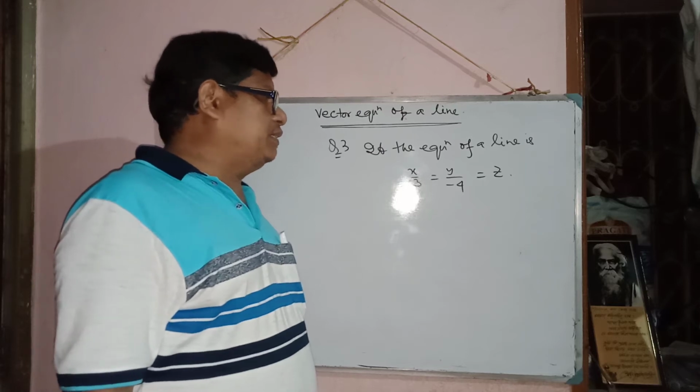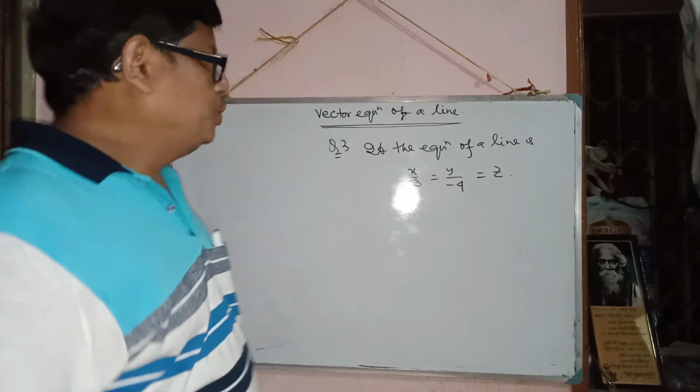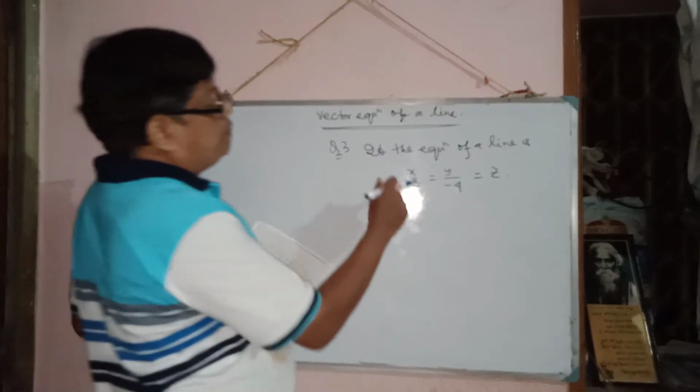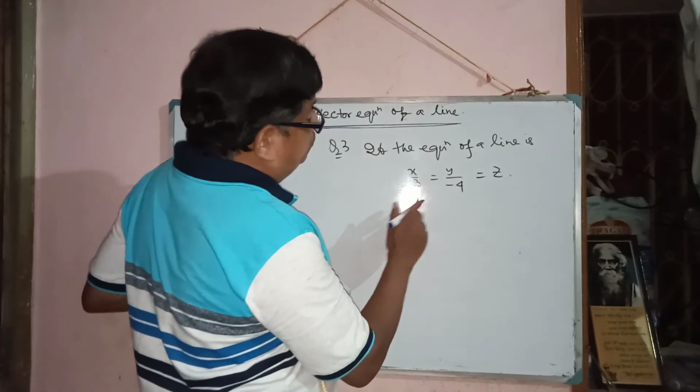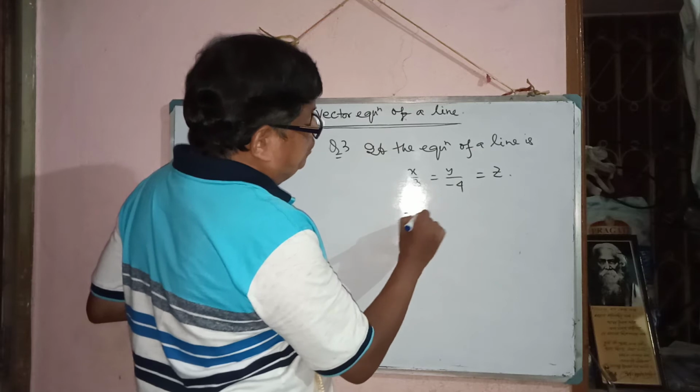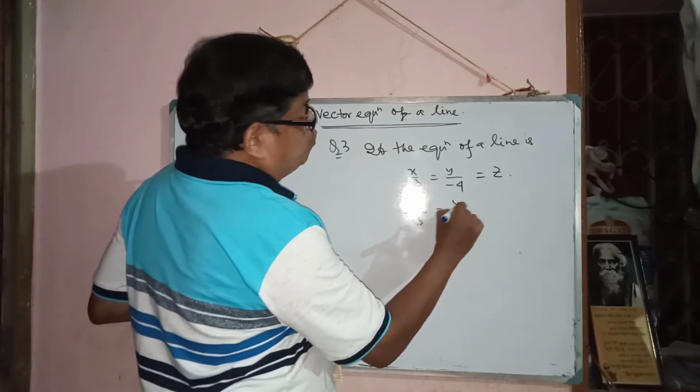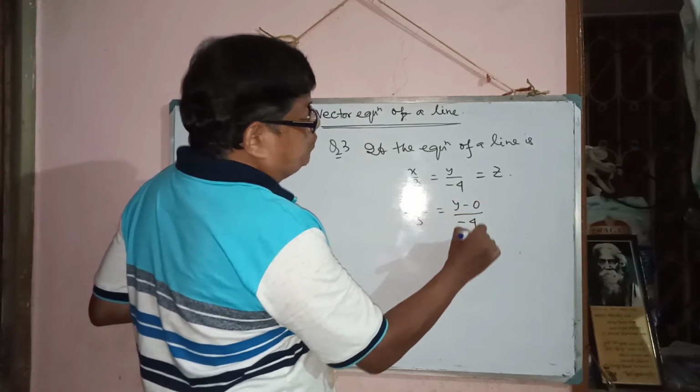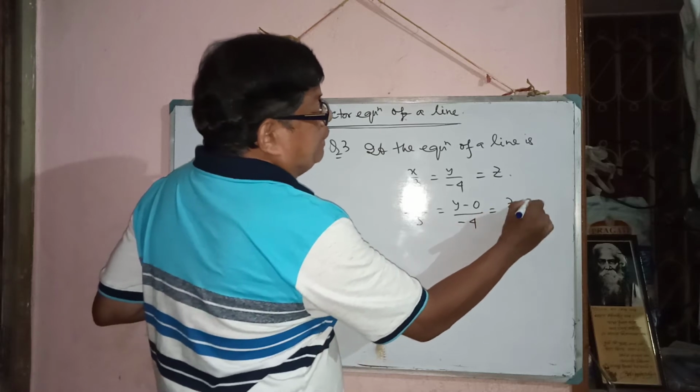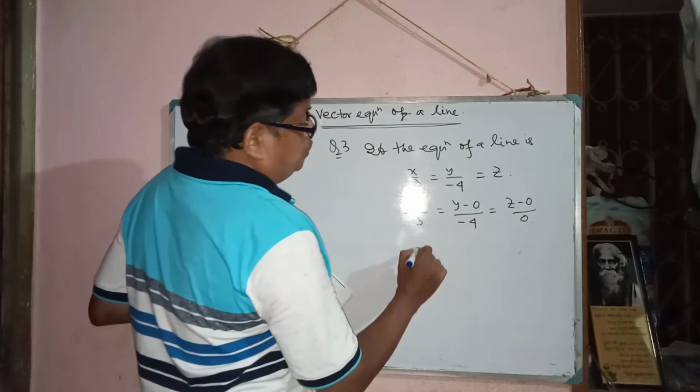We can write x by 3 as x minus 0 by 3, y minus 0 by minus 4, z minus 0 by 0.